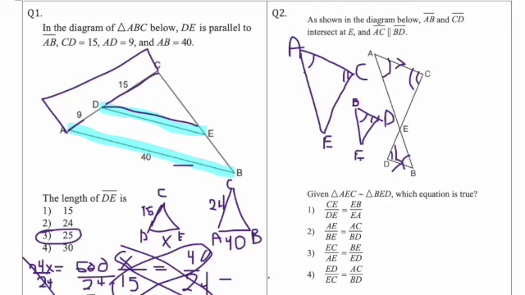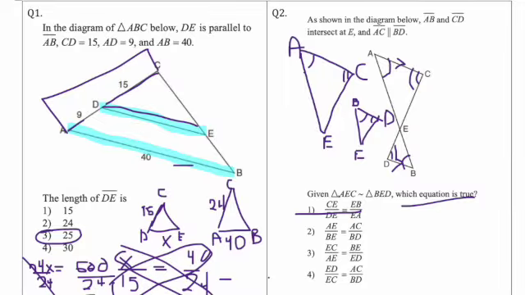Okay, so it says which equation is true. So we have CE is to DE, okay, as EB is to EA. So here's the thing. This goes big over small, and then it goes small over big. So it can't be this.